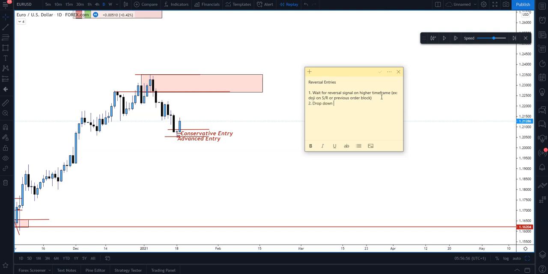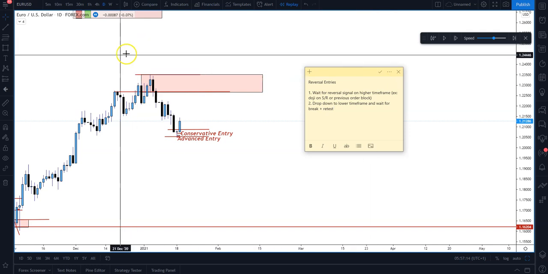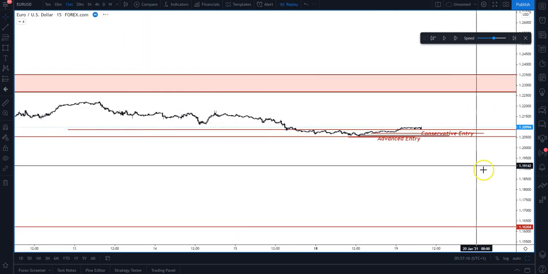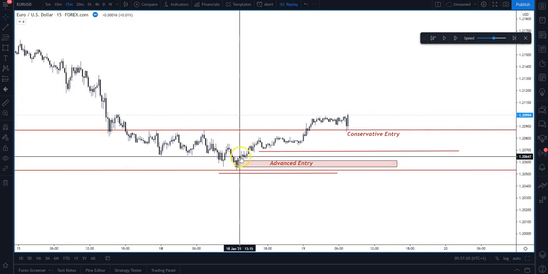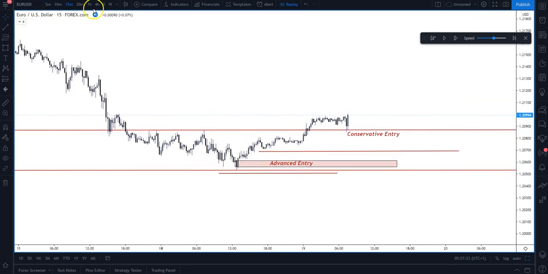drop down to a lower time frame and wait for break plus retest. So we drop down to a lower time frame, wait for break or retest, or we could use another doji or another zone, a wick pattern to get in.